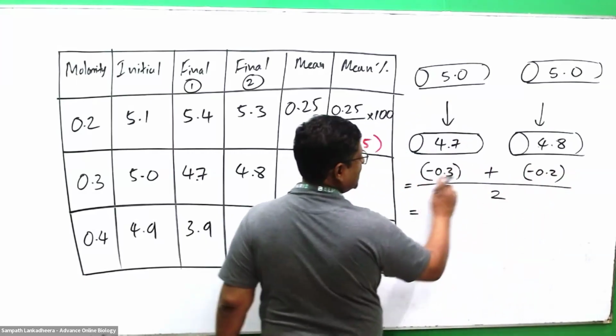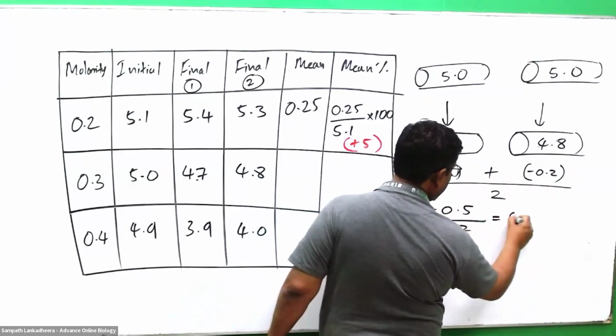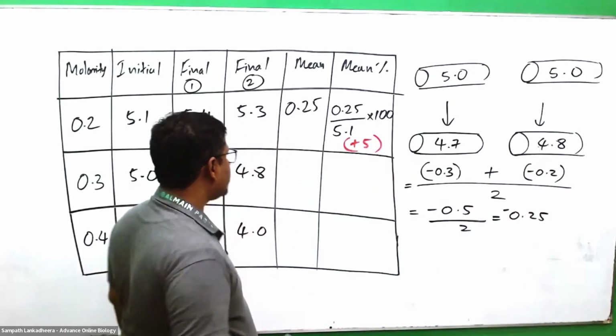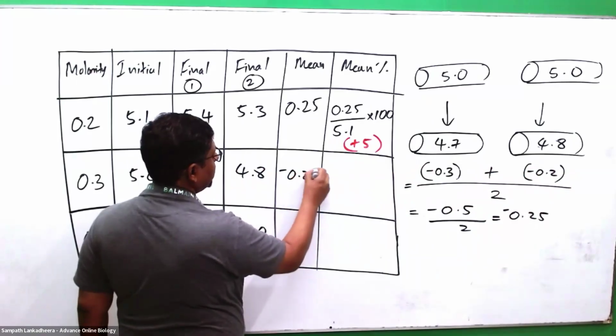So what is the change in length? 5.0 to 4.7 is minus 0.3, and the other is minus 0.2. The total is minus 0.5, divided by 2 gives minus 0.25.